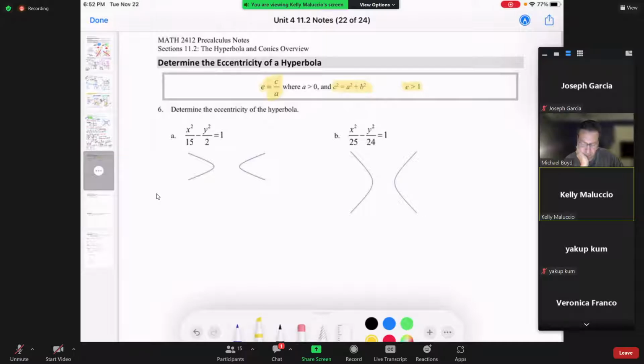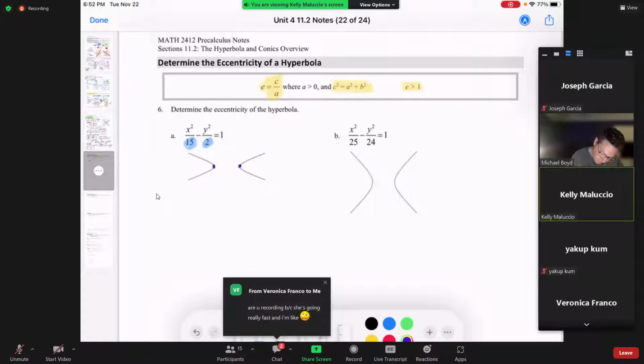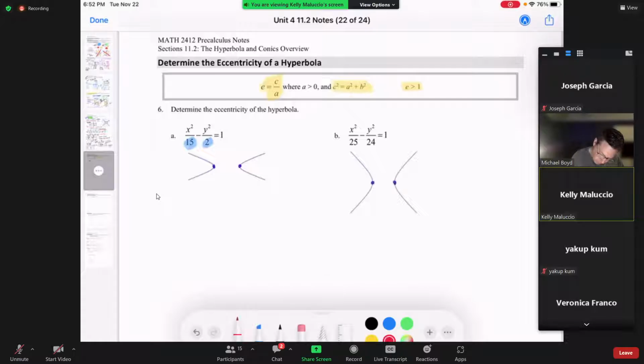So if we want to find this, first we're going to look at a squared and b squared. What this is looking at is the vertex points in relation to where the foci are. So in this case, the foci would probably be really close.